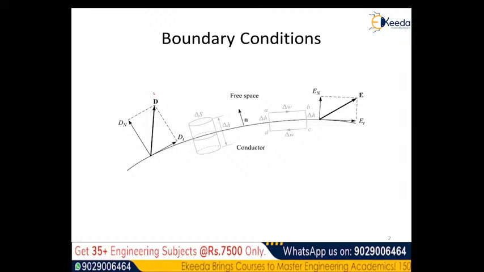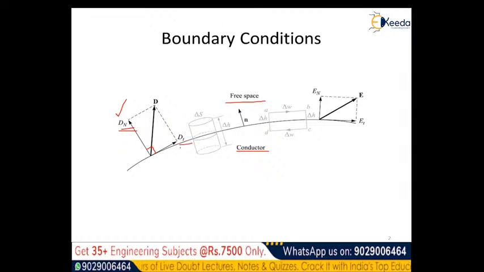So see here, D is representing electric flux density. The D component can be resolved into two subcomponents. This is the normal denoted by Dn. It makes a 90-degree angle to the boundary separating the two mediums here, free space and the conductor.